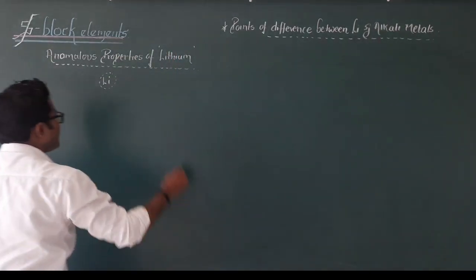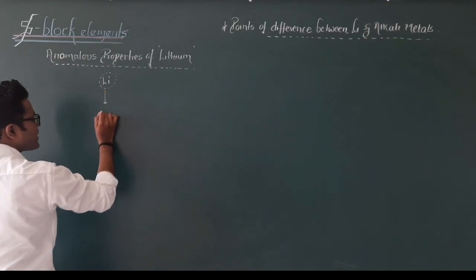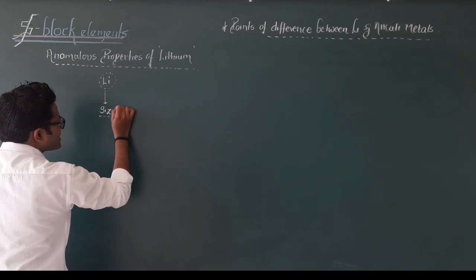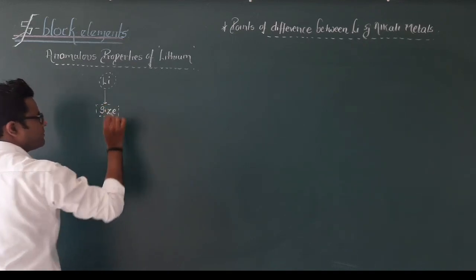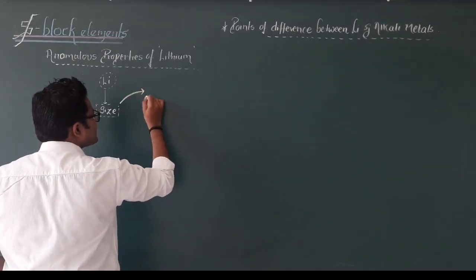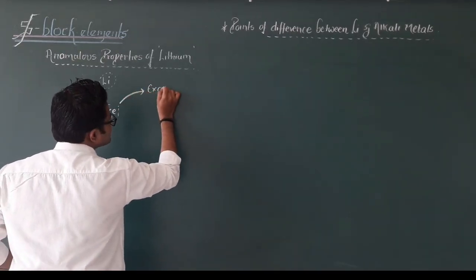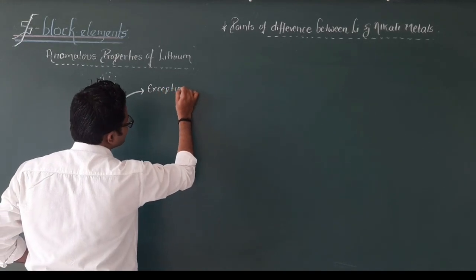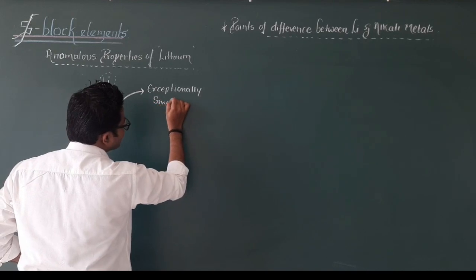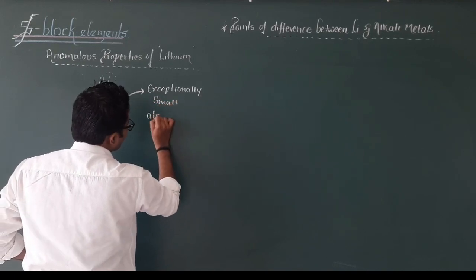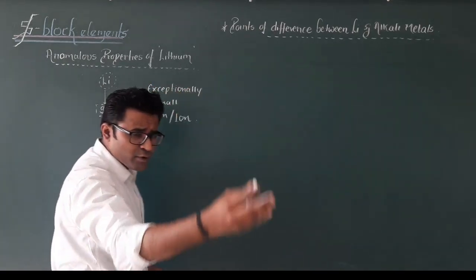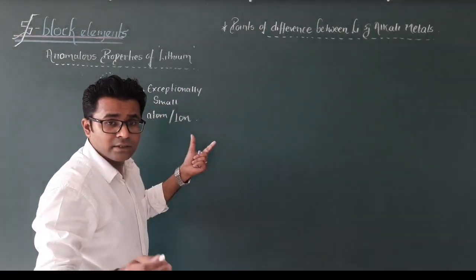The first one is with respect to its size. The size of lithium is exceptionally small, both atom and ion, and ion sizes are much smaller than atom sizes.